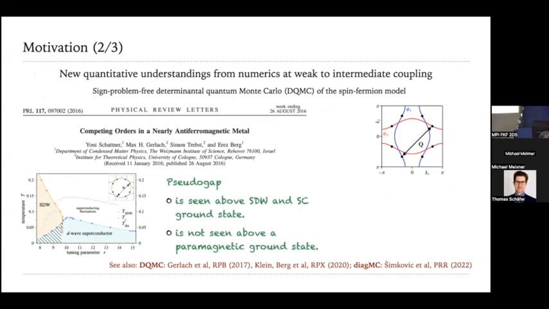And furthermore, they show evidence of pseudogap behavior that is only seen above the SDW and the superconductivity ground state, but it cannot be seen above a paramagnetic ground state. So we want to understand this better from our minimal model and identify the range of the magnetic pseudogap.